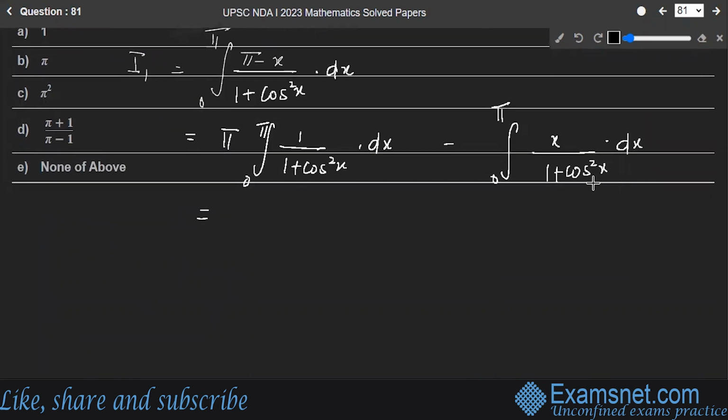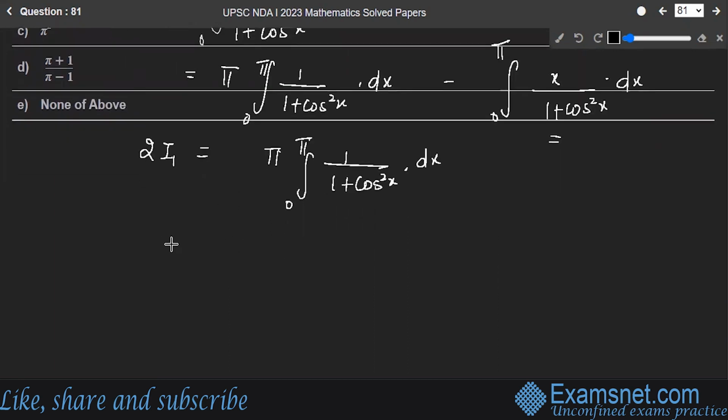So this is equal to I1, so you can write down 2I1 is equal to pi times the integral from 0 to pi of 1 upon 1 plus cos square x dx. Or I1 is equal to pi by 2 times this.